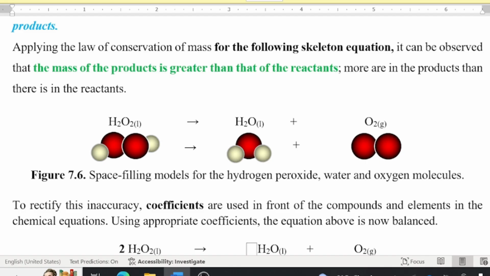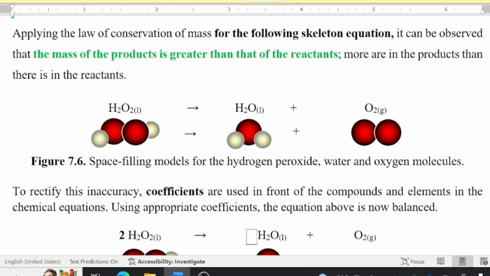So the side that has fewer oxygen atoms must be increased such that when you check the number of all the atoms on that side, it must be equal to the number of atoms on this side. So let's see how we can do what is called balancing this equation. We use something called coefficients to balance the equation.